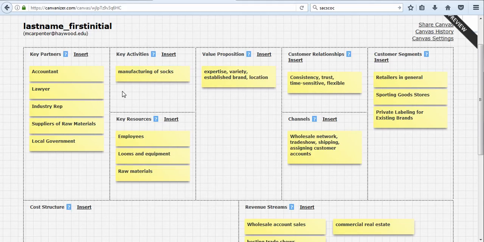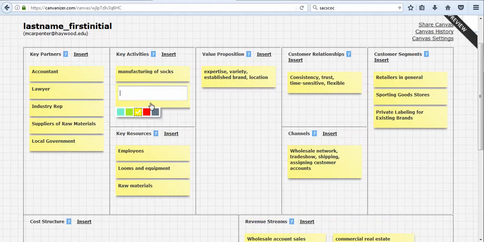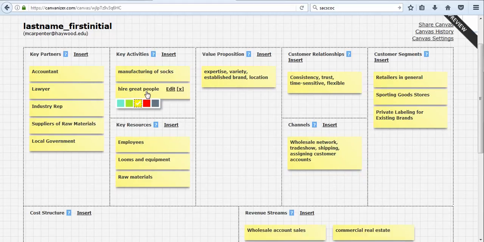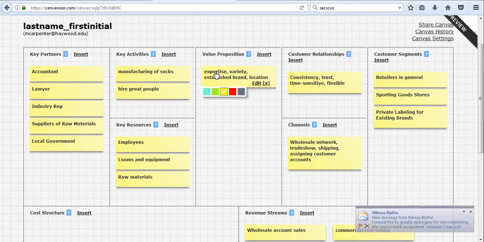But there's other things that the business does, such as we have to make sure we hire great people, right? If we aren't hiring great people and we don't have a good HR department and we aren't keeping the great people we have, how can we deliver the value of expertise?